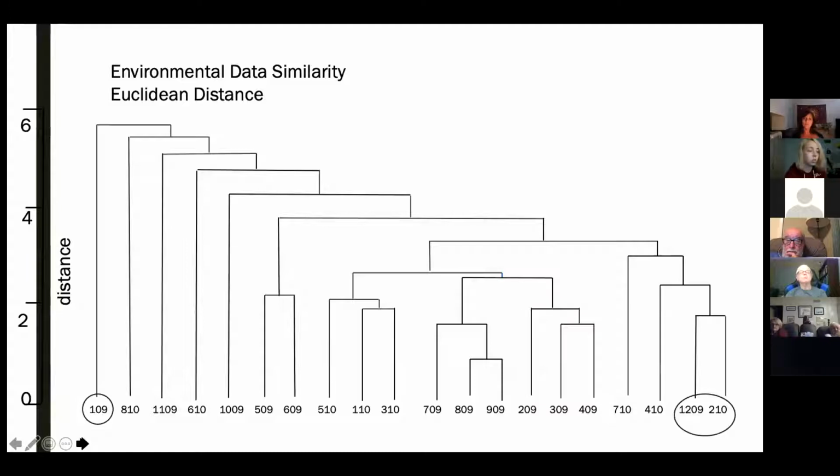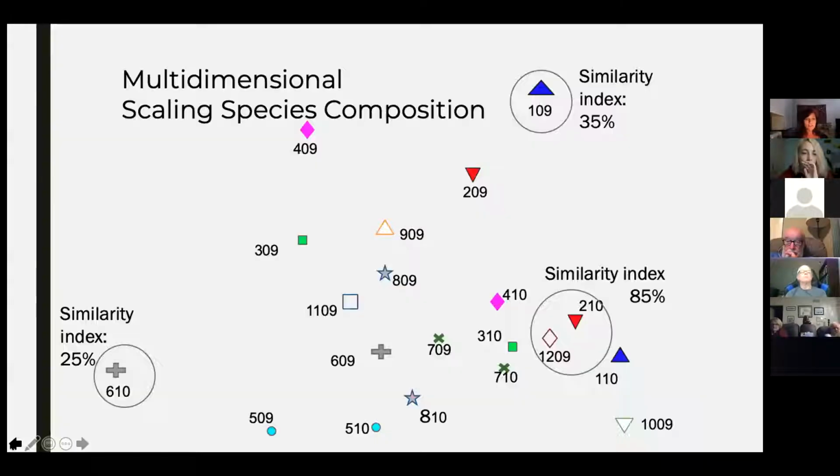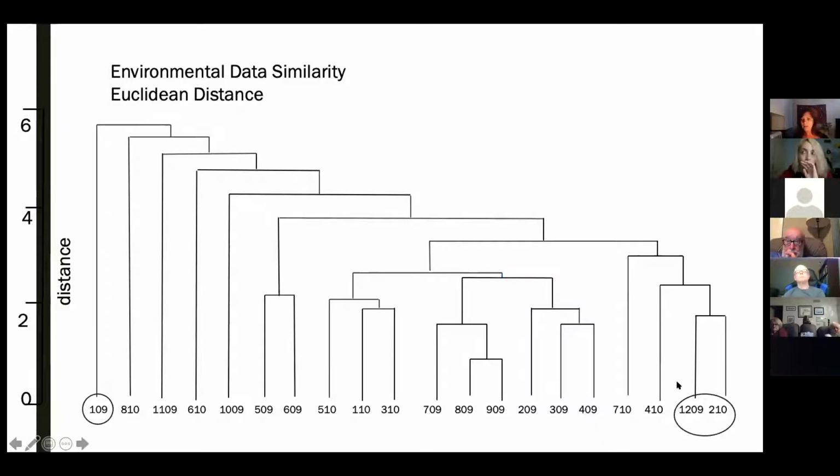So again, we apply a similar set of steps that say, okay, was the environment similar on sampling date 1 compared to sampling date 2, or was it very different? And our patterns match. So these 2 days where our community composition was very, very similar, all of our variables in the environment were very similar.